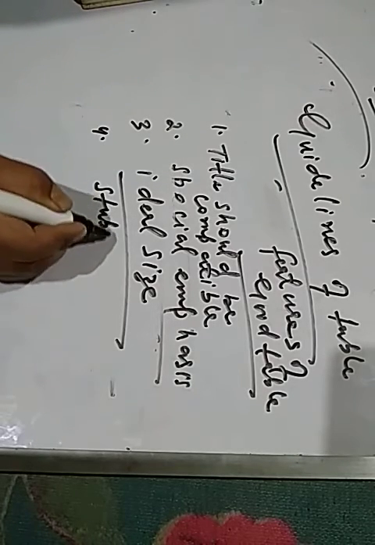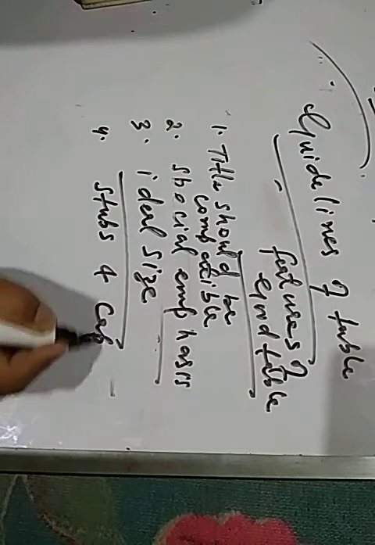And the fourth one is setups and captions, as I have already discussed. These captions are the column headings, and the setups are the row headings. Titles of rows are known as setups, and titles of columns are known as captions.